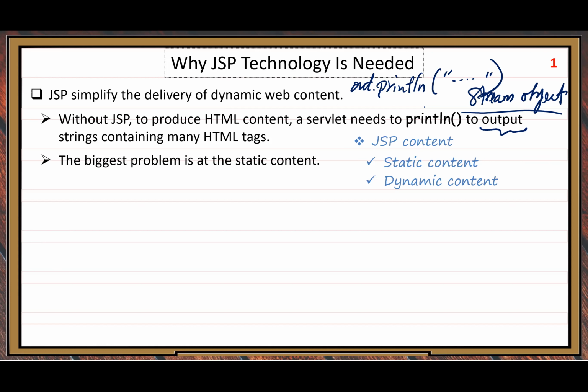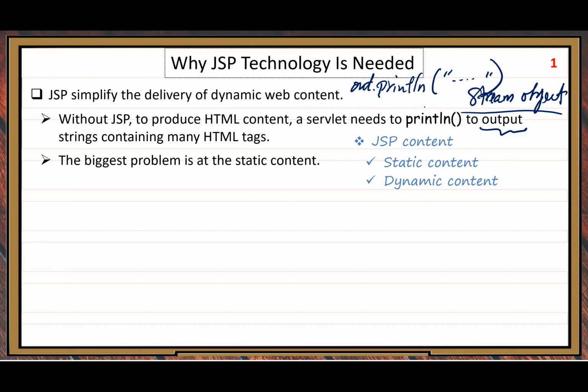The static content is fixed HTML content. It never changes. The dynamic content is based on different users, different times, different situations. What you see, that part would be different.